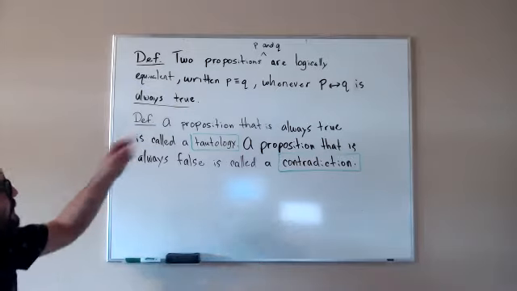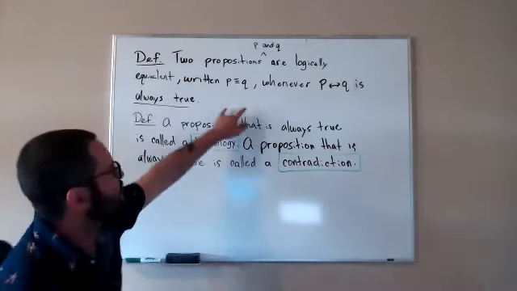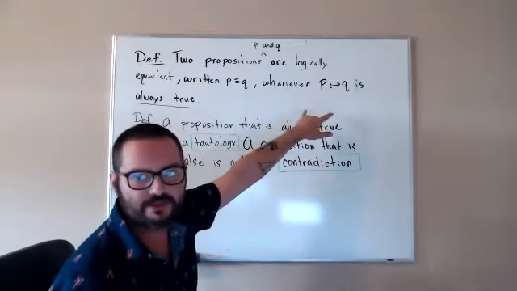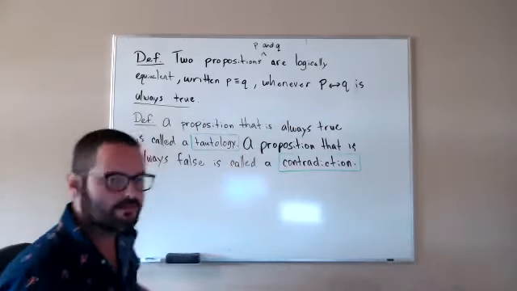So going back up to the first definition, we write two propositions are logically equivalent whenever the biconditional between them is a tautology.